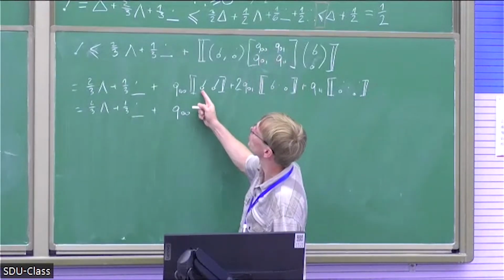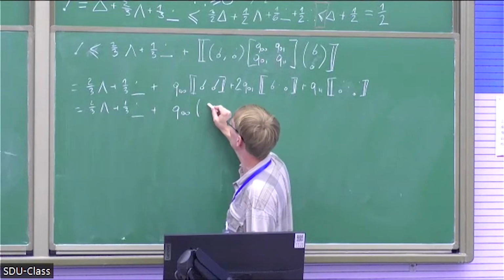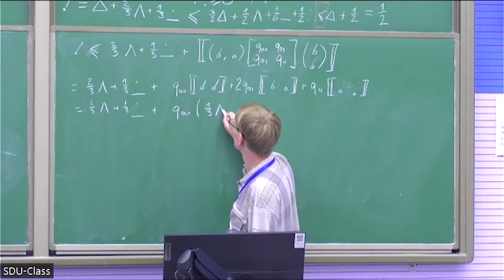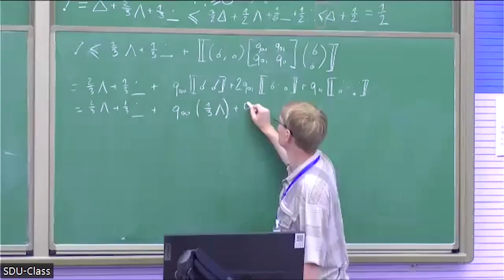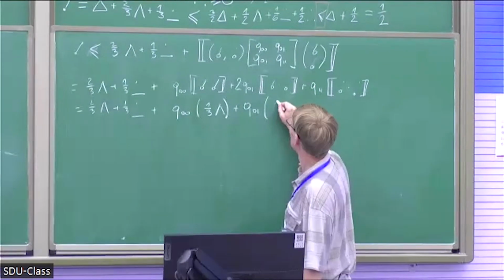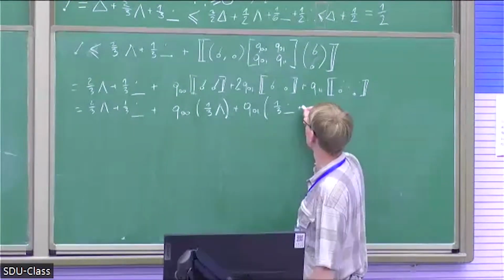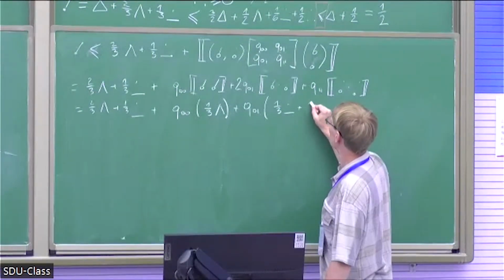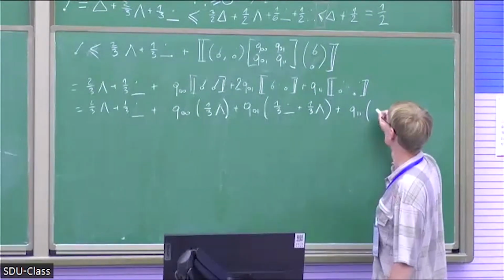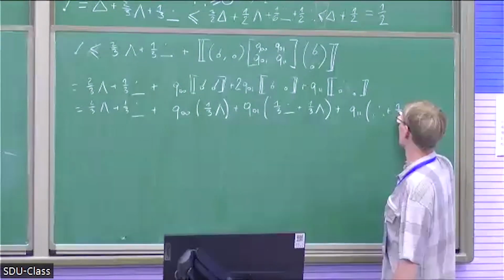So after multiplying and averaging, I get here 1/3 of cherry. Here I get 1/3 of this, 1/3 of the cherry, and here I get this plus 1/3.